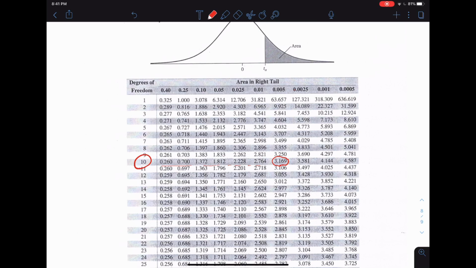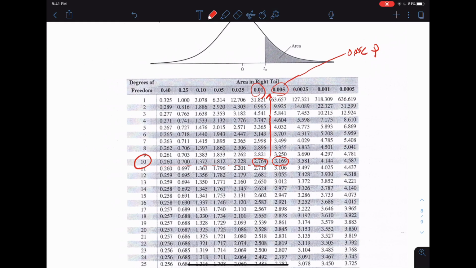But they're asking us what is it in between. So 3.164 is barely smaller than this, but bigger than this. So it's going to be in between these two guys. Okay, so we would say that the p-value is going to be bigger than 0.005.